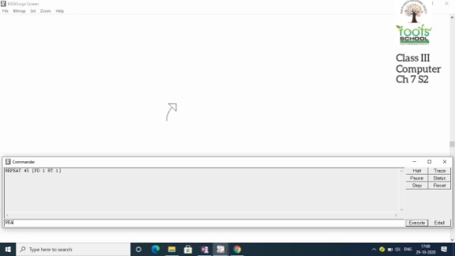Either we can write repeat again, repeat by 45 and here forward by 1, right by 1. Again it will move and same way you can repeat the procedure.